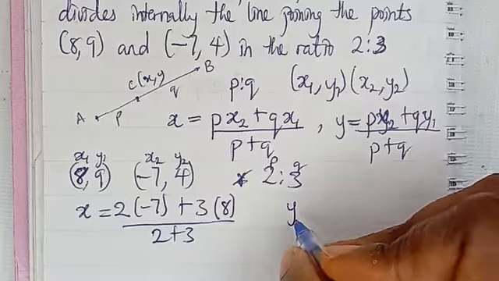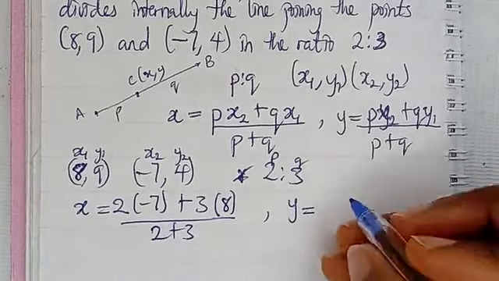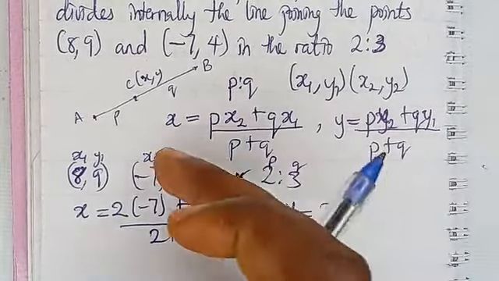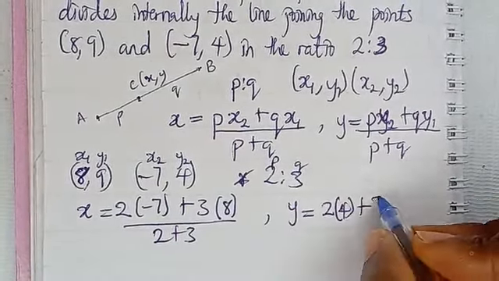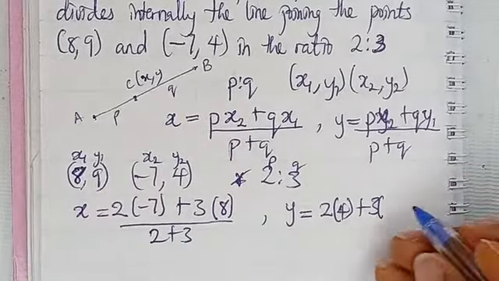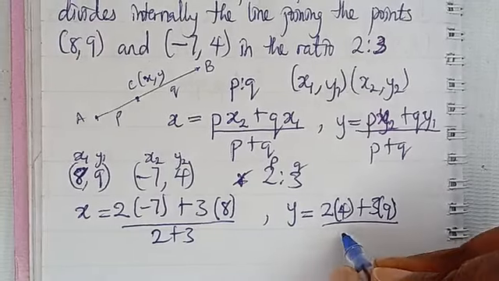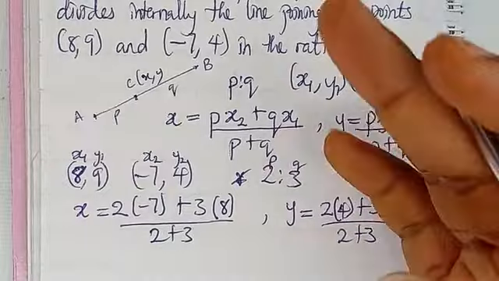And then for the y, we would have the first ratio multiplied by y2 plus the second ratio multiplied by y1, over the two ratios added together.